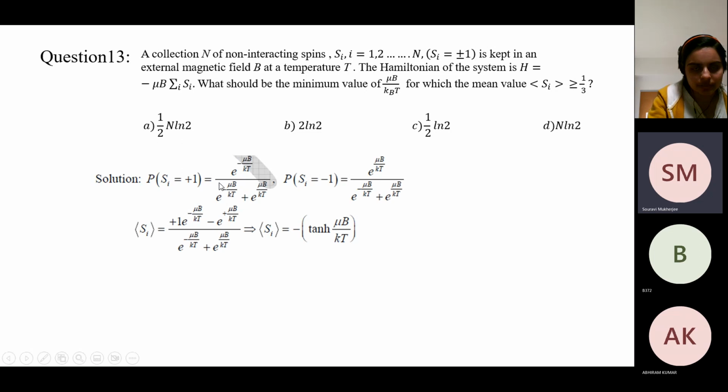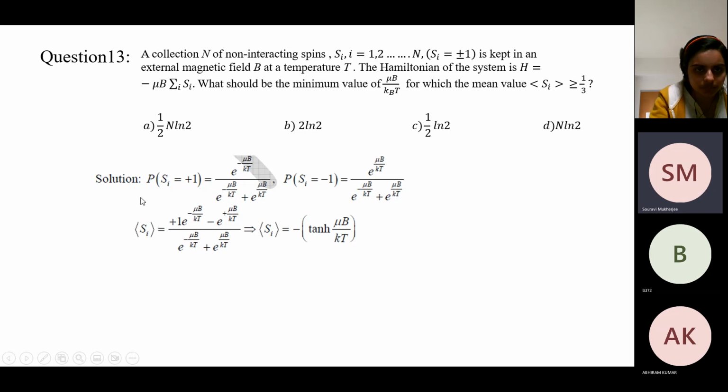Similar to the case where we had individually found the probabilities of individual energy states, two or three questions back, similarly here, define the probability for individual spins, spin +1 and spin -1. So what is the mean spin value?